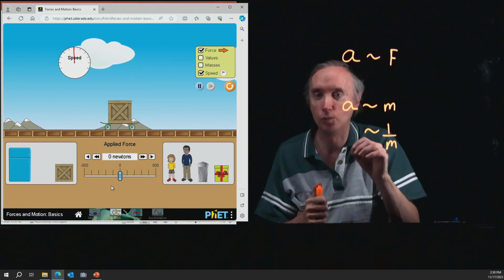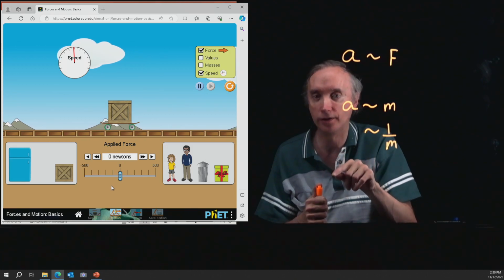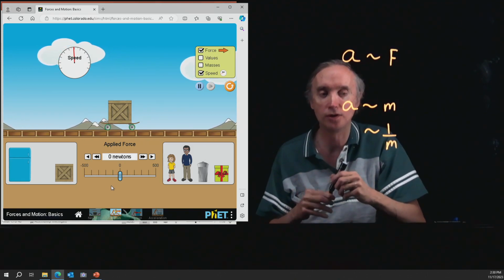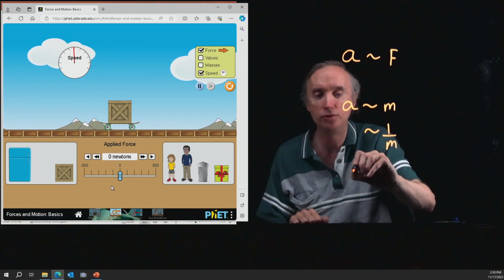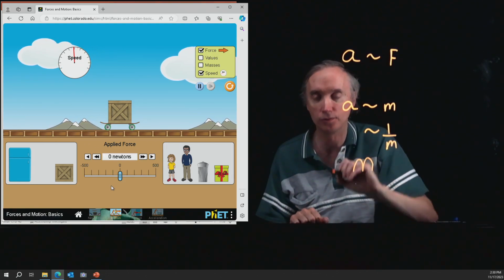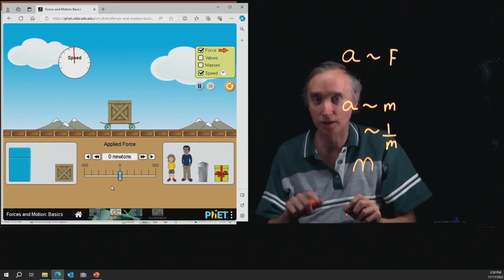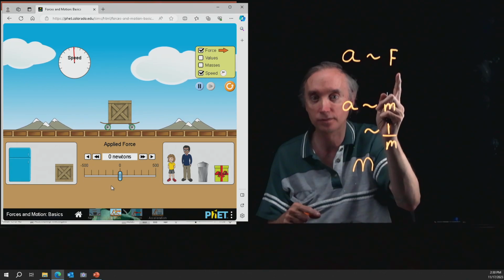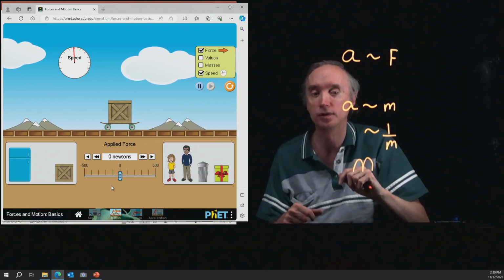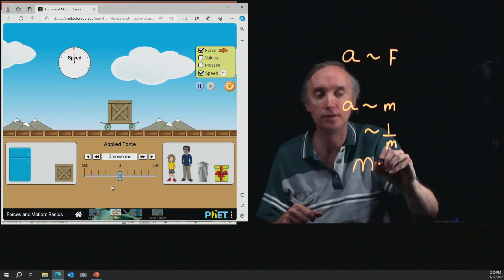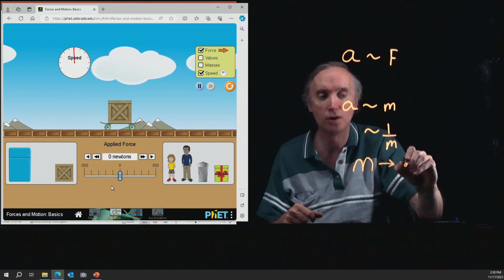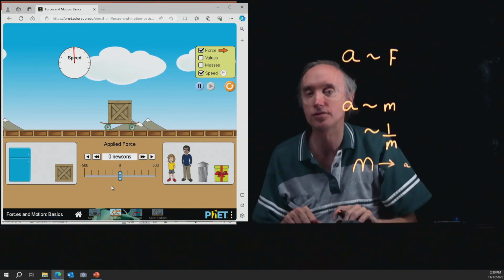When you used the refrigerator, it was a larger mass, and the clock did not go up as fast as it did with the crate. So the larger the mass, the smaller the acceleration.